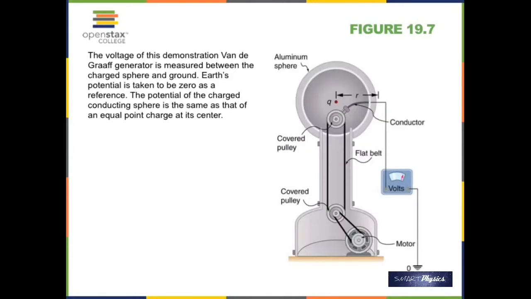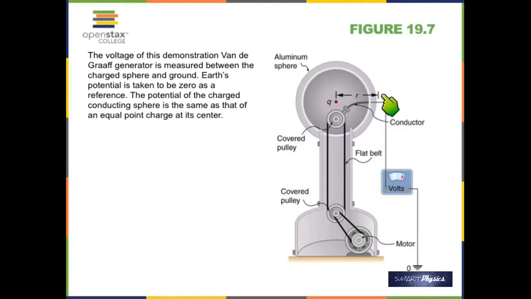That's a Van de Graaff generator working using the principle of electrostatic charging. One important thing here is that because it's connected to the ground, the potential of the ground is taken to be 0. So that is the important point here. Whenever you connect anything to the ground, the potential of that part is 0.